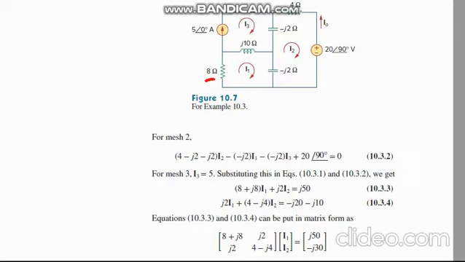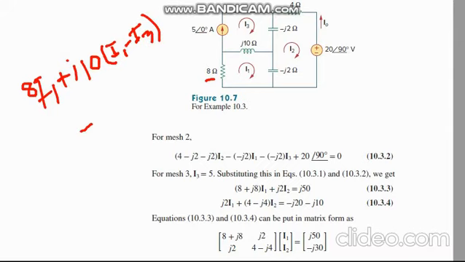In this loop 1, we previously got 8 I1 plus j10 (I1 minus I3), and minus j2 in that section.